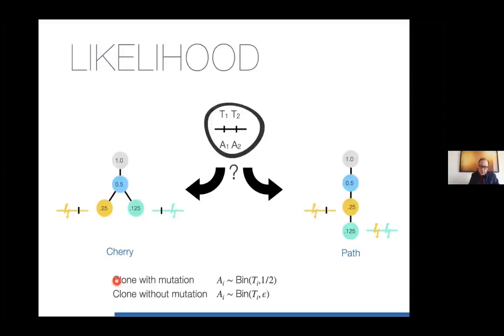So if you have a clone with a mutation at the position i, the alternative reads should basically be like half of the total number, right? So A_i should behave as if it's sampled from this binomial distribution. And if you don't have the mutation in the clone, well, then it should be not a half, but some almost zero probability of getting the alternative. So epsilon, a small value epsilon.